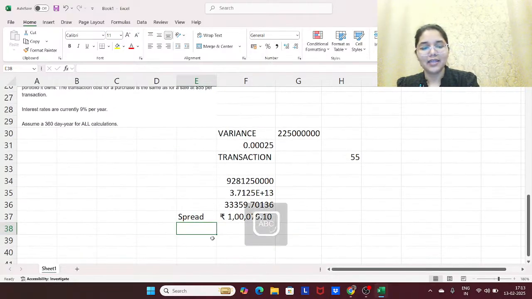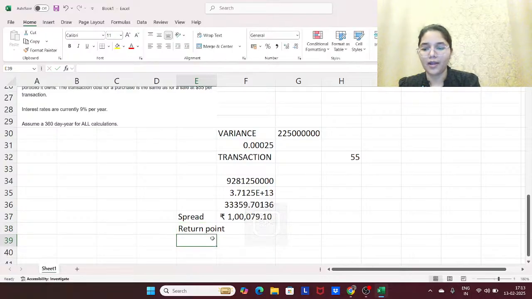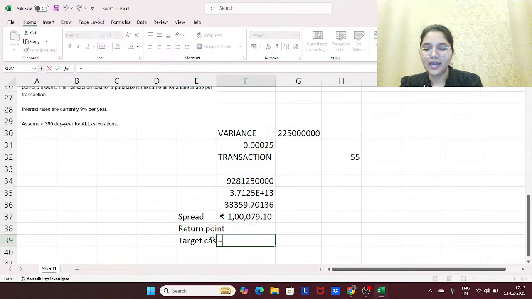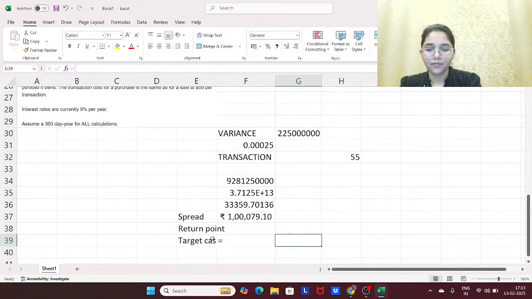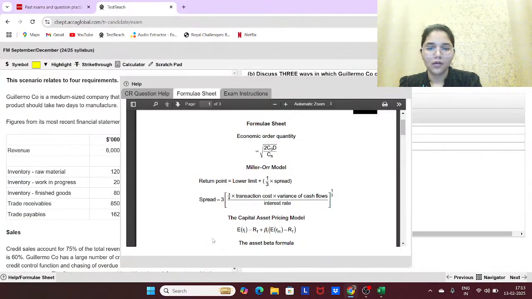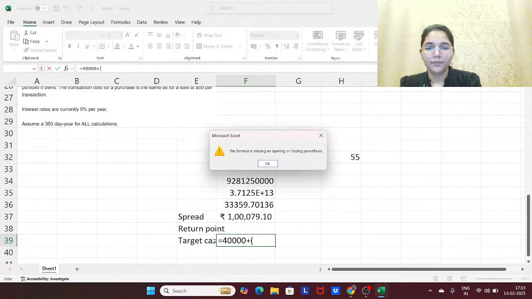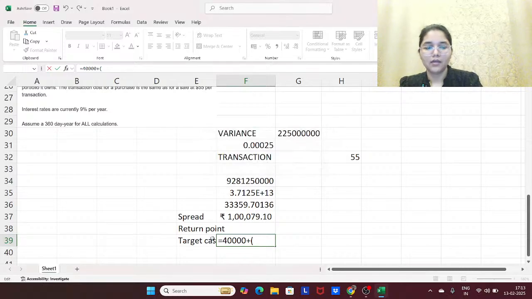So you will say that the return point, or what the requirement is telling you, target cash, you are supposed to take the lower limit, which is 40,000, plus 1/3 of spread.